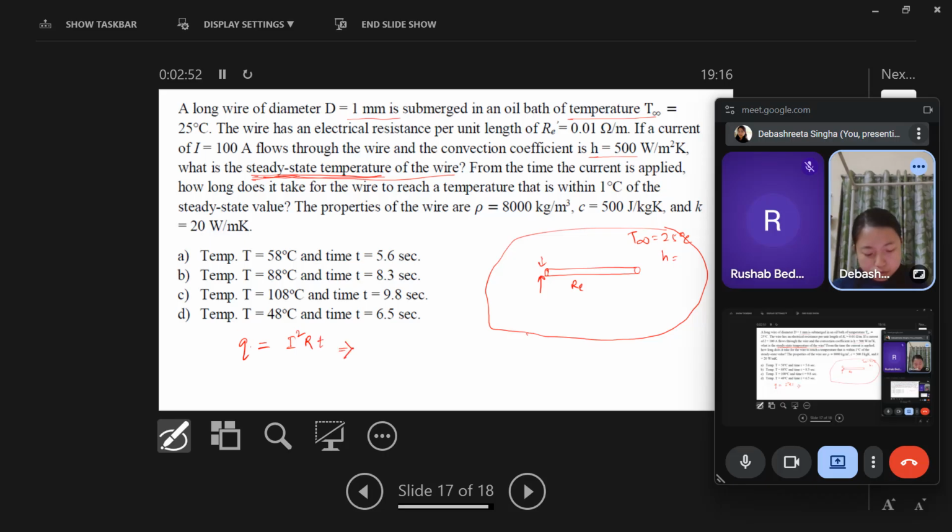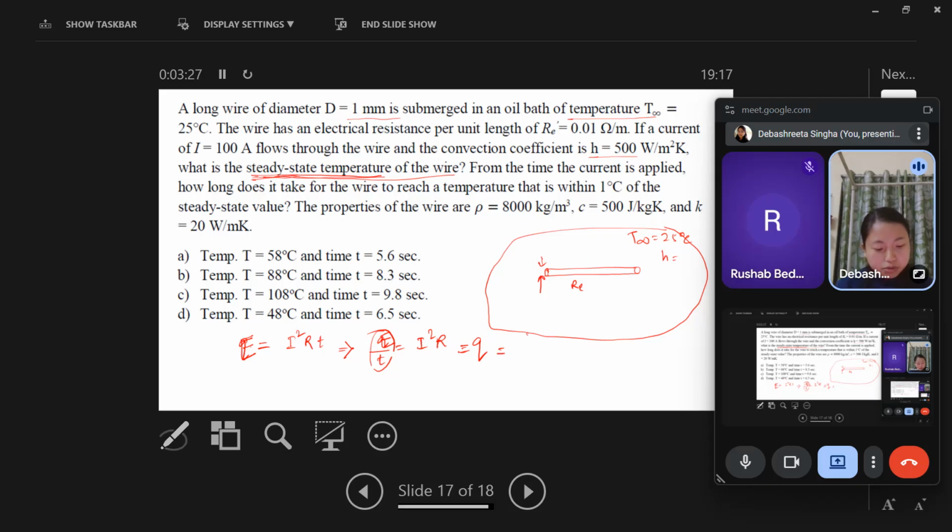So you can find it out per unit time also: I square R. This is not Q actually, this is heat energy. Divided by time, this will become power. This is balanced by the convection term.